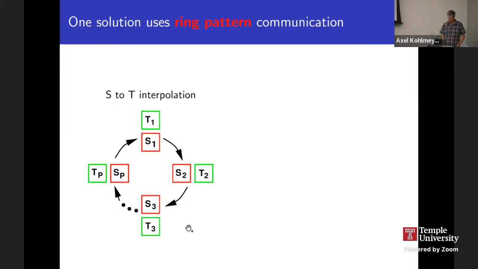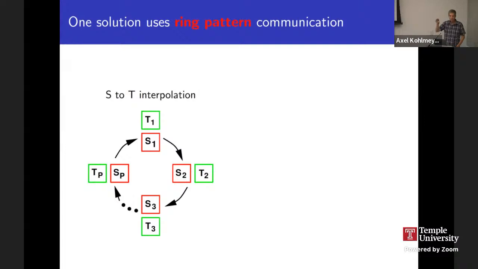What's going to happen in this case is, from the perspective of the temperature grid, each processor owns in its little green box a set of cells in the temperature grid. But initially, it also owns some cells in the stress grid. What it's going to do is pass those stress cells around the ring so that once you've done P steps, every set of stress cells has passed by my processor.